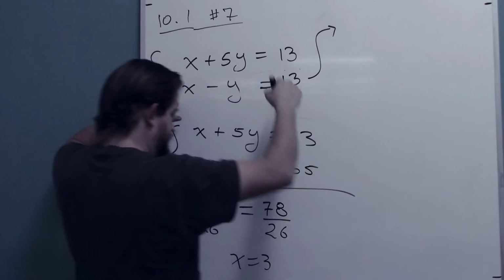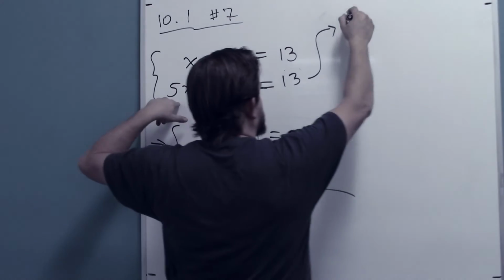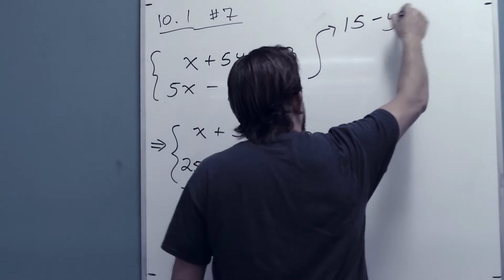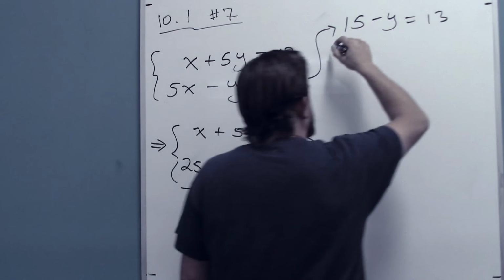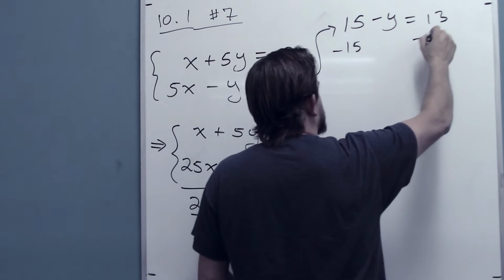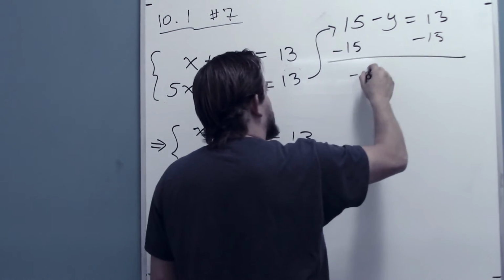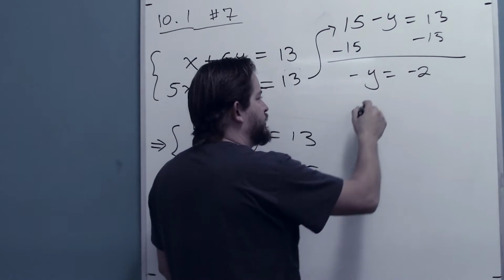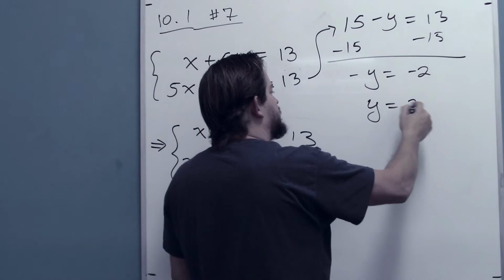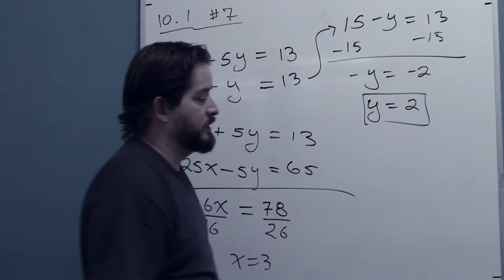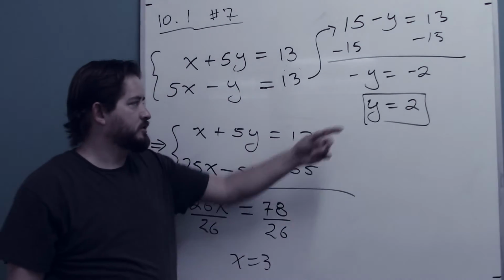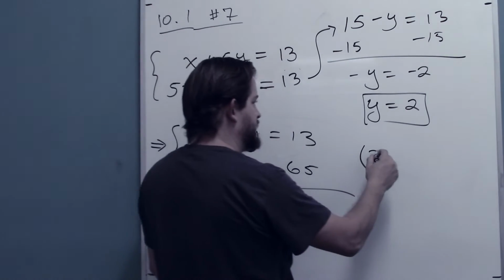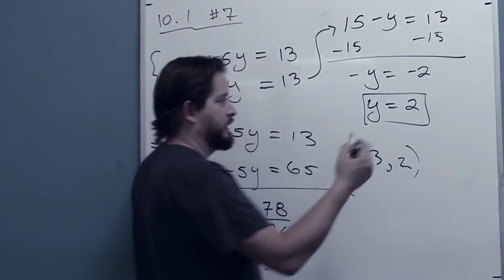Because I have 5x, which I know is 3, so I have 15 minus y equals 13. Subtract 15 from both sides. That gives me negative y is equal to negative 2, and multiplying by negative 1 gives you y equals a positive 2. So that's my solution, (3, 2). It asks for an ordered pair, always in parentheses, (3, 2), done.